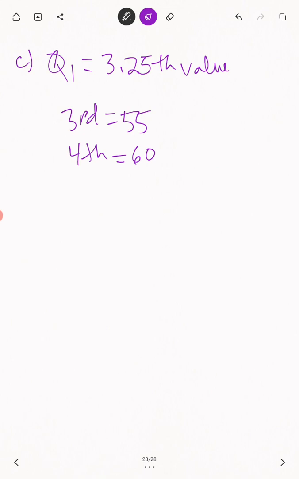So it's like a median of that first half of the data. So what you want to do here when you get a 3.25 value for Q1 is simply do the median of the third and fourth values. So you would just do 55 plus 60 over 2, which comes to 57.5. Okay, so that is your Q1 value for our purposes.